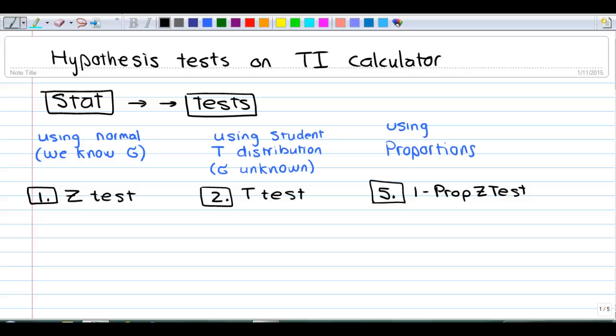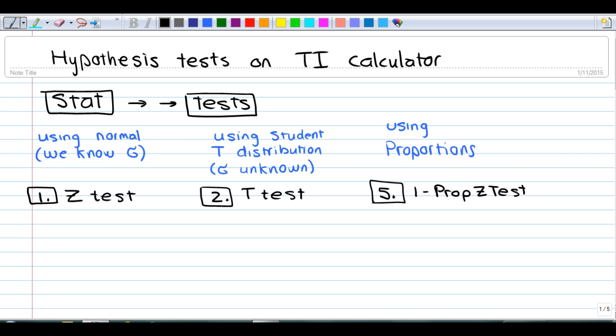That assumes we know our population standard deviation and we want to test the mean. Highly unlikely. But if that's what we want to do, we choose choice 1, the Z-test. If, on the other hand, we're doing a test on the mean and we don't know our standard deviation, that would be quite common, and we want to do choice 2, the t-test.